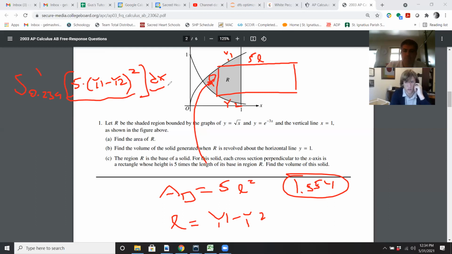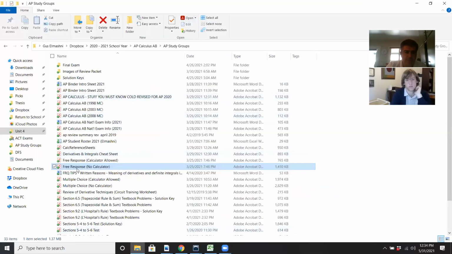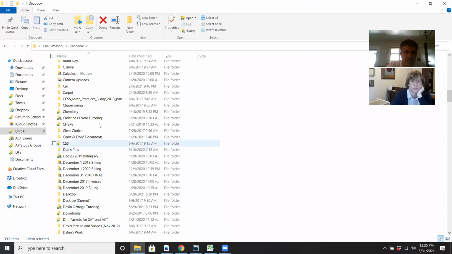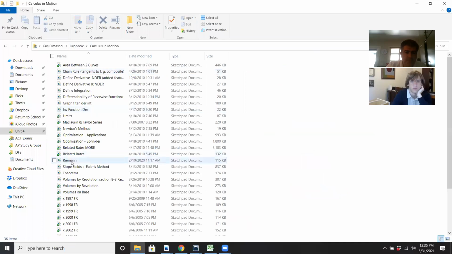So what does the figure actually look like? It's kind of weird. Let me go to Calculus in Motion and find something that's similar. I know they're always kind of funky, right? Great question. Here we go. Let's do volumes on a base.